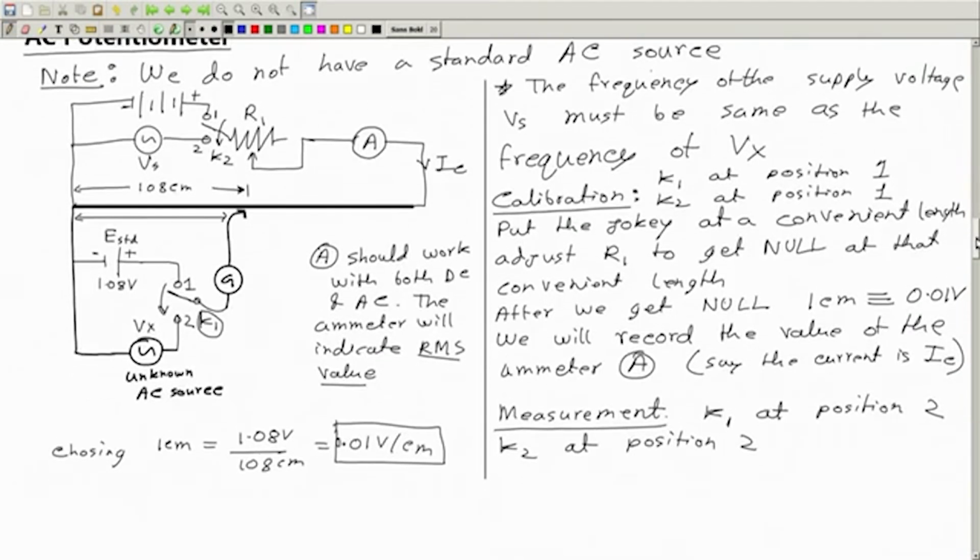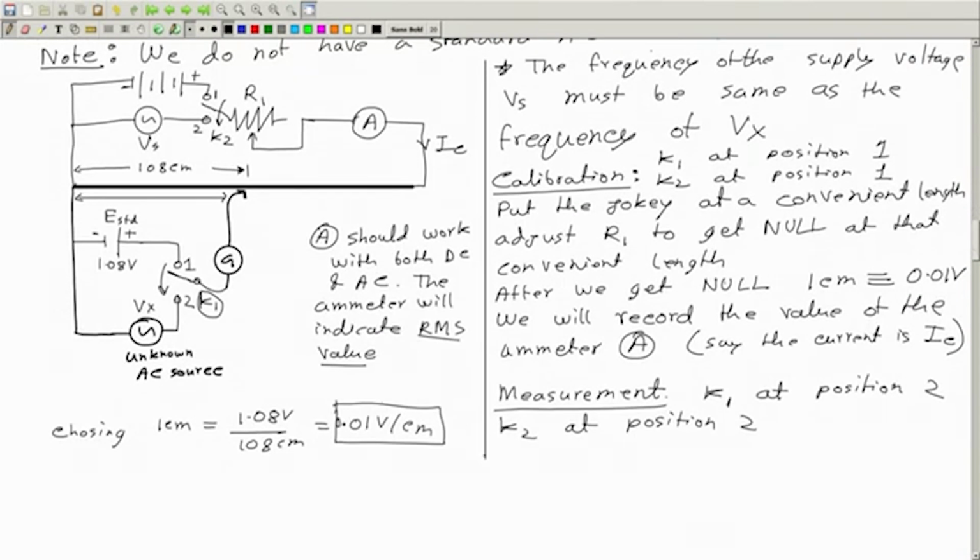Now we will adjust rheostat R1 until the ammeter reading is same as IC. What is IC? It is the RMS current which was flowing through this wire during the calibration.